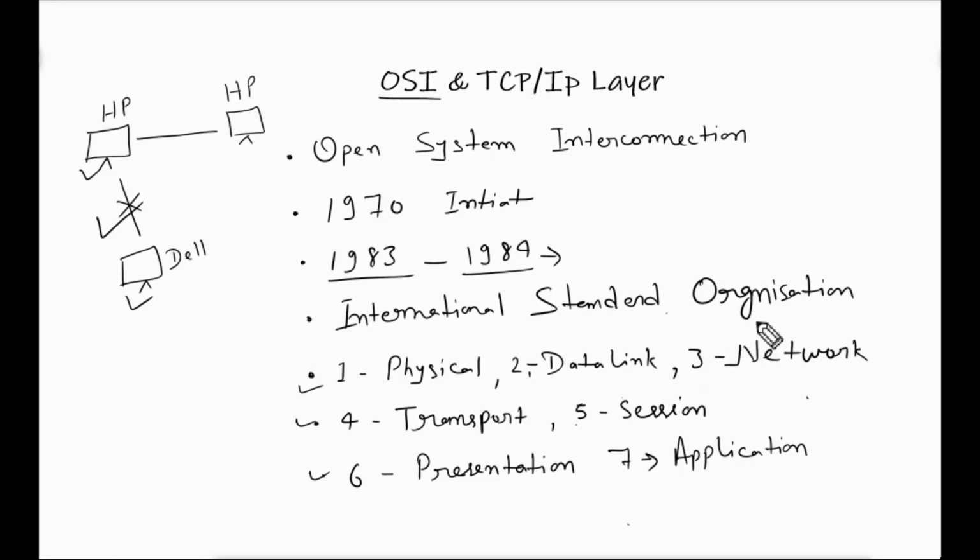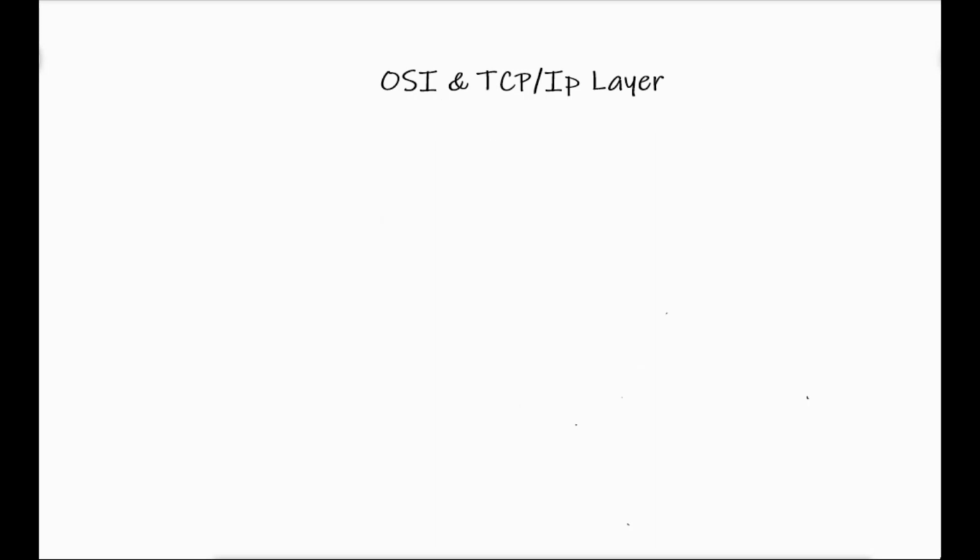Now let's see the TCP/IP model. The TCP/IP model is also similar to OSI, but the difference is that OSI is an open system, or open resource.